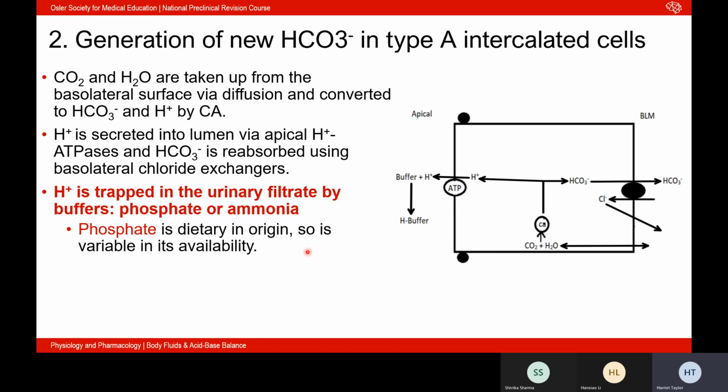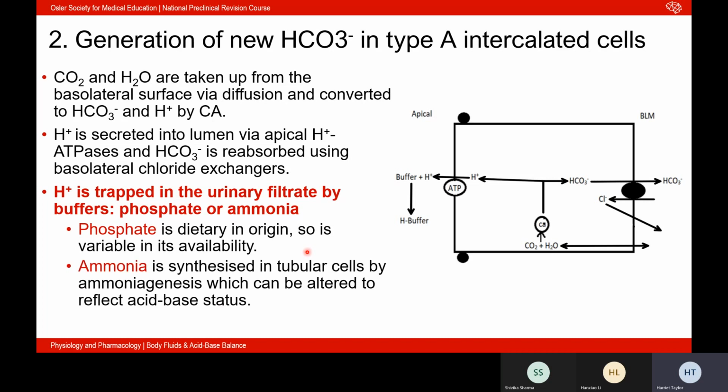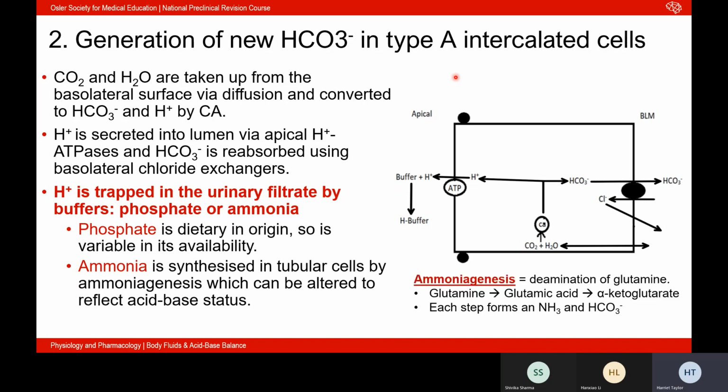We're never really sure how much we're going to have at any one time. Whereas ammonia is actively synthesized in these tubular cells by a process called ammoniagenesis, and that can be altered to reflect the acid-base balance. It can be upregulated if we need more, or downregulated if we don't need as much.